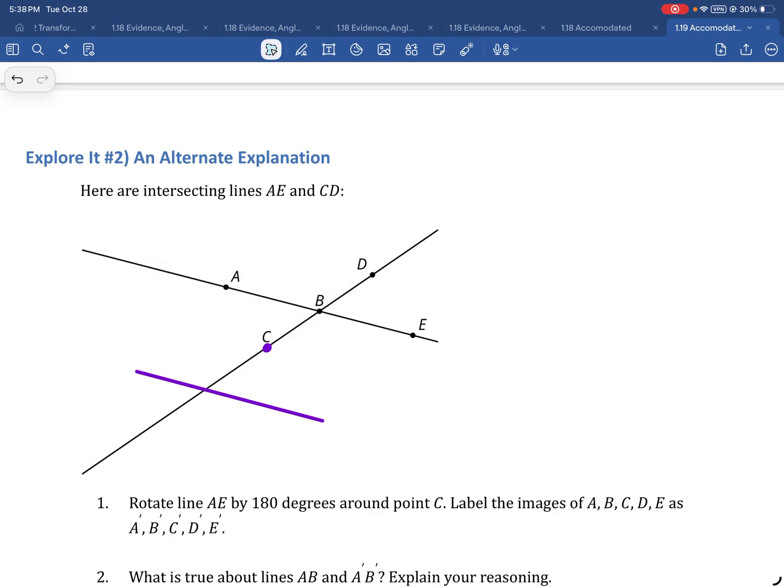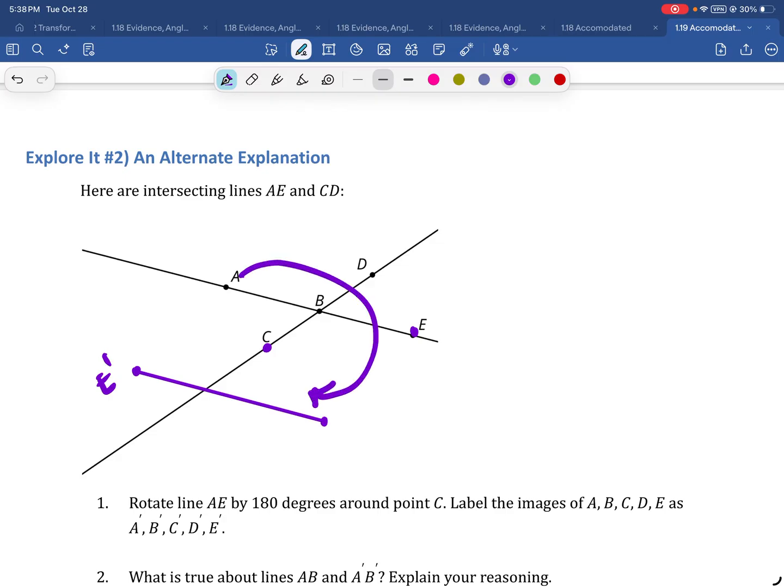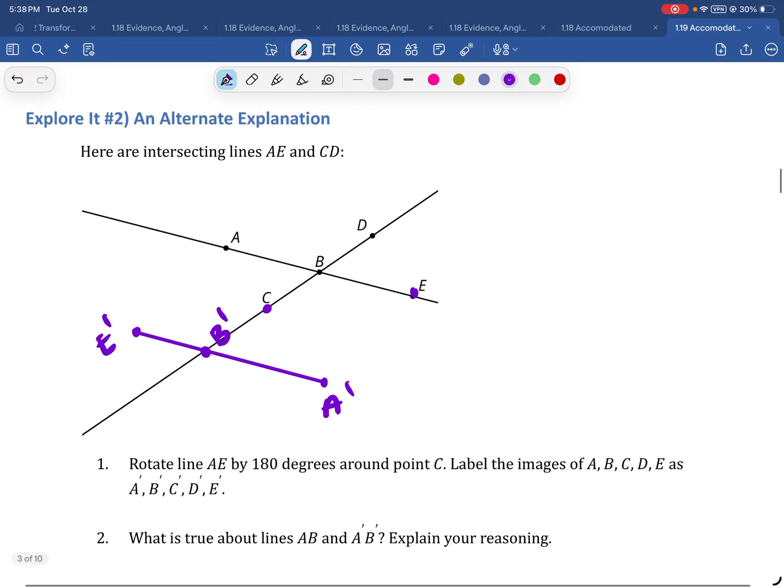And then we're gonna label the images, and don't forget, when you rotate, E ends up on the other side, so E prime. A swung around this way, around the center of rotation, so A prime. And this is B prime. B prime and C prime will also be over here. It should be equidistant.